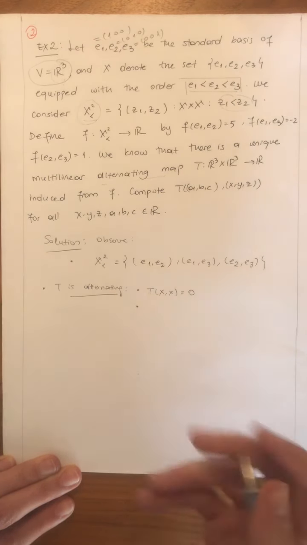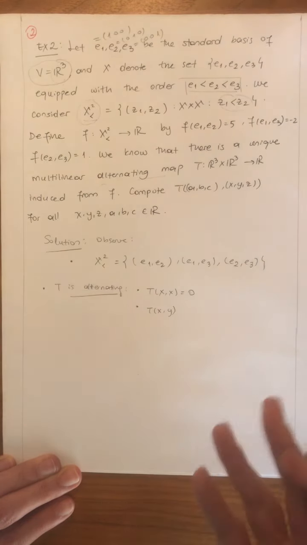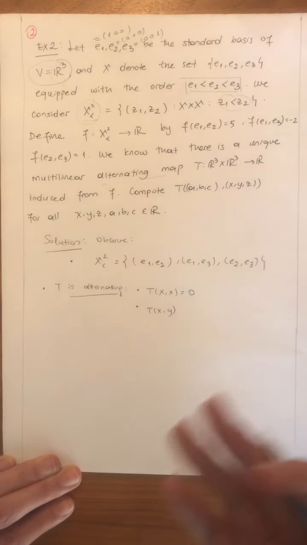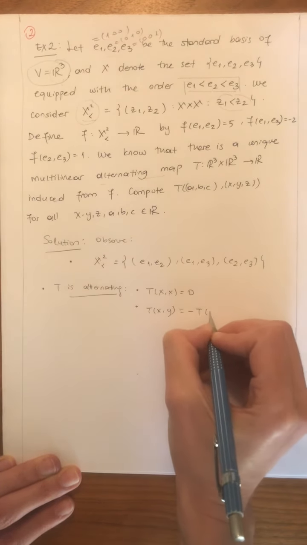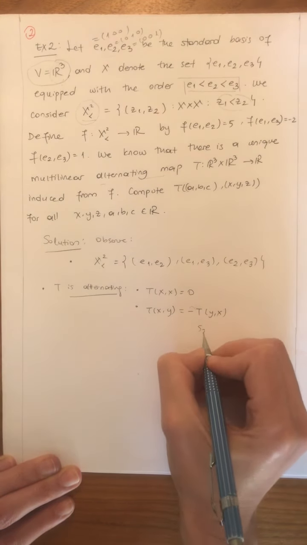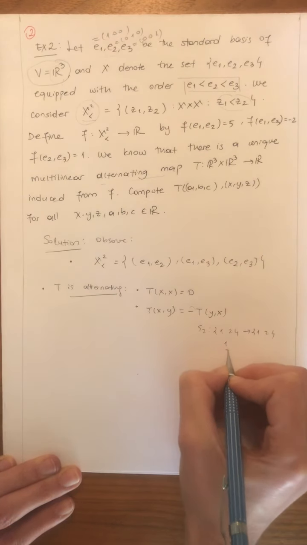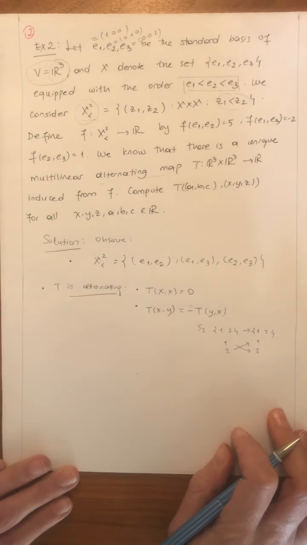And changing the order of the coordinates is determined by the power of -1, and this power is determined by the number of changes with respect to the symmetric group S2. So in this case, we only have one change, and by the S2, we just consider the position changes.